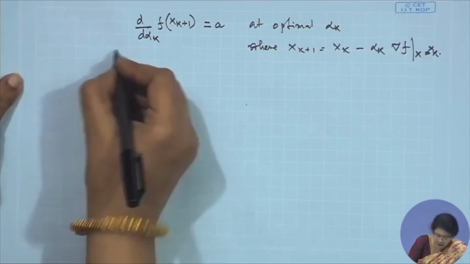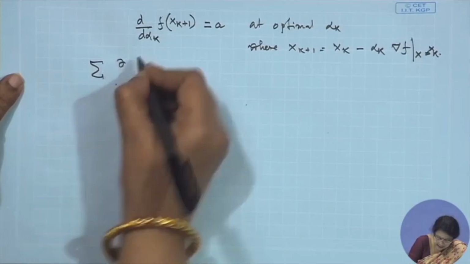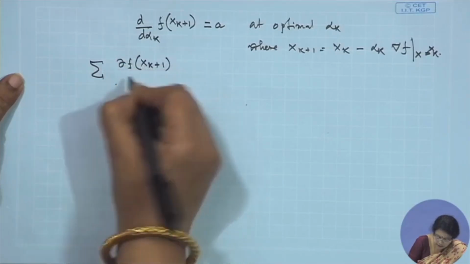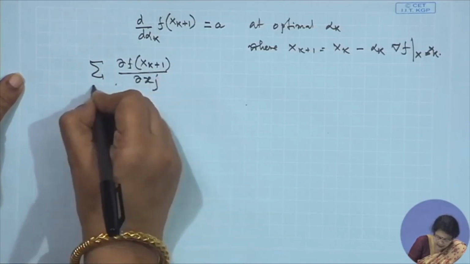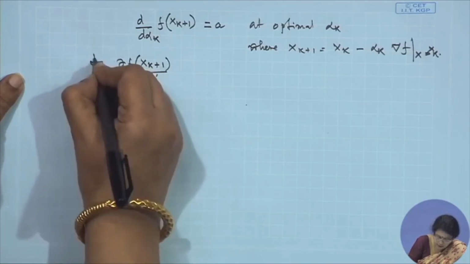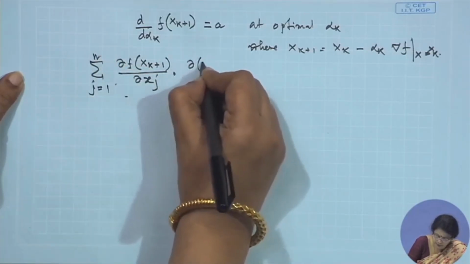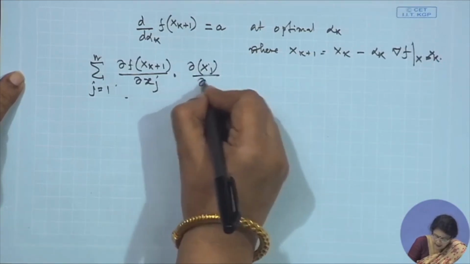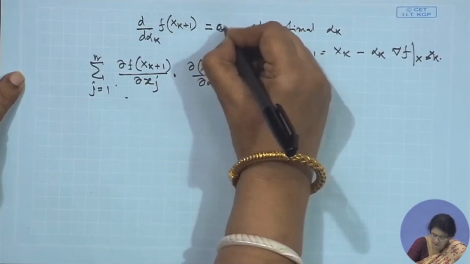That is why if we use the chain rule here, we get that del f(x_{k+1}) divided by del x_j, summed from j equal to 1 to n, into del x_j by del alpha_k, must be equal to 0.